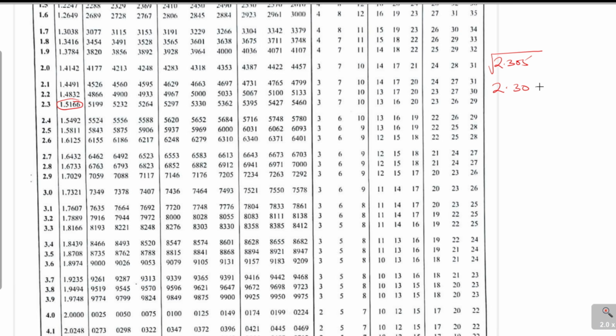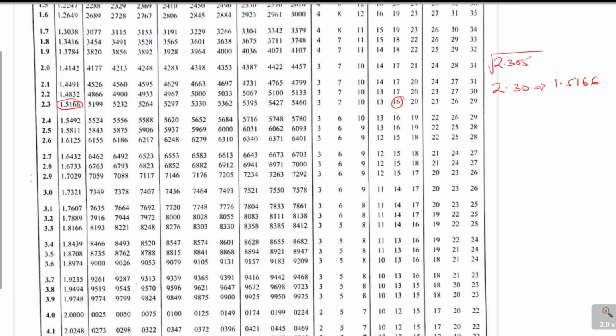That will be 1.5166. Then 5 is remaining, so you go to the column where we have 5. In that column, you are going to add 16.